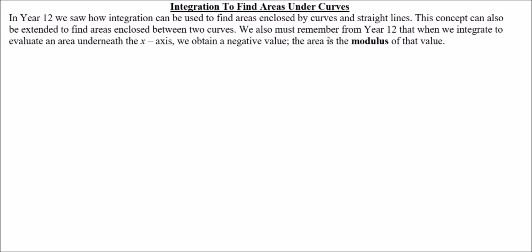But again, we need to remember from year 12 that when we integrate to evaluate an area which lies underneath the x-axis, that will come out to be a negative value. When that happens, we just need to take the absolute value. So the area, if it's underneath the x-axis, is the modulus of the value obtained when we integrate between limits where the curve is underneath the x-axis.